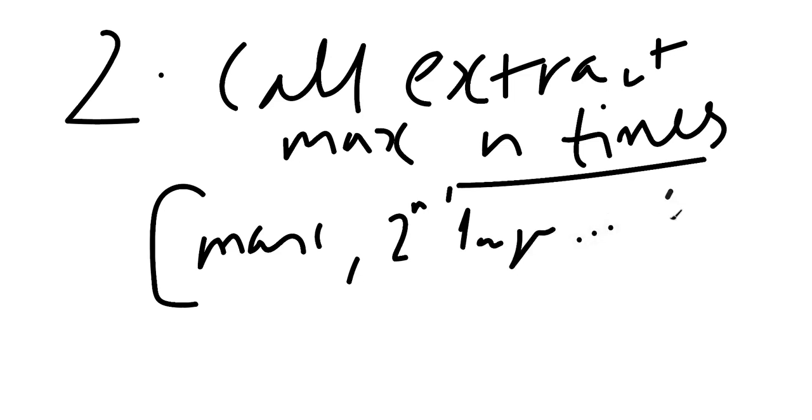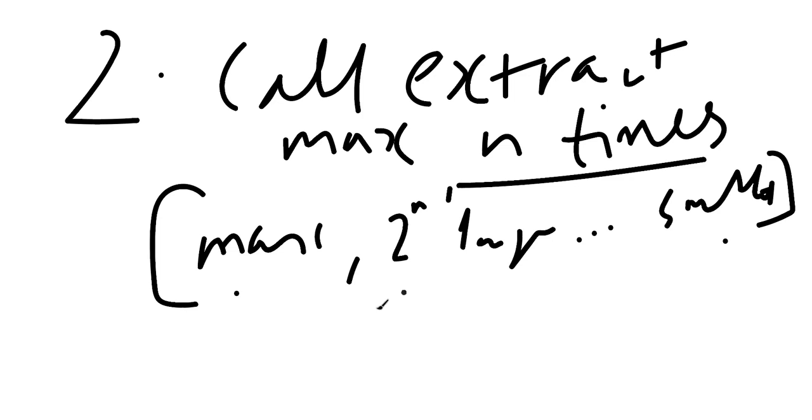all the way down to the smallest, if we were storing all these extracted elements within an array. So now we have the max all the way down to the smallest element, because we called extract max n times, and each time we had log n runtime.